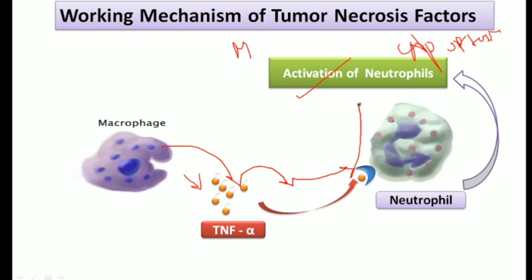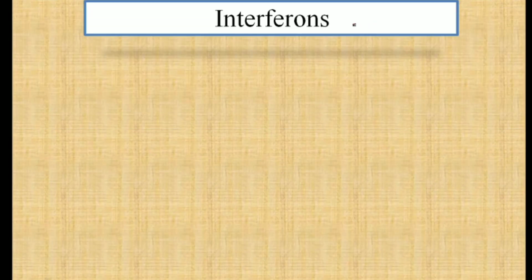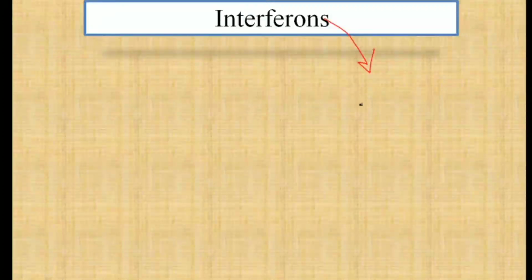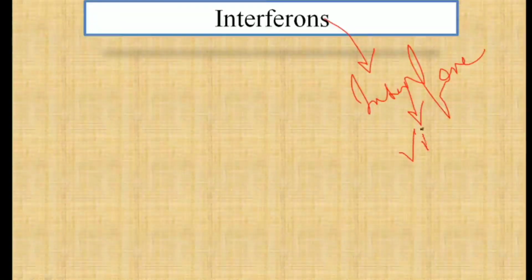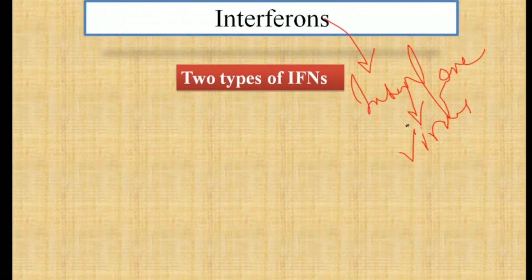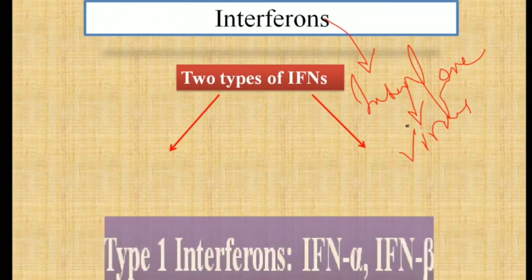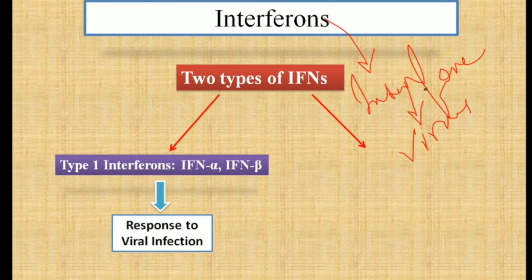Now coming to the interferons. The name interferon comes from the ability of these chemicals to interfere with the virus particles. They interfere with the viral replication process. There are basically two types of interferons. The one is type 1 and the other is type 2.